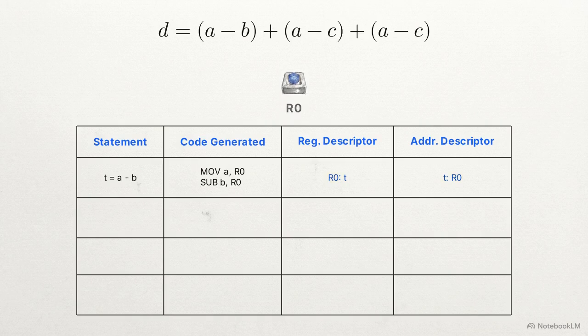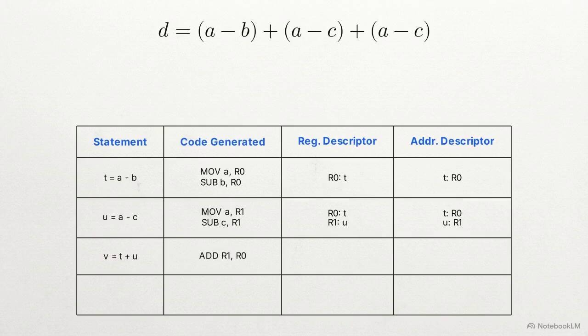The second operation is U equals A minus C. Variable A is loaded into register 1, C is subtracted, and the descriptors update to show that U resides in register 1. For the operation V equals T plus U, the compiler simply adds register 1 to register 0. Both values are already in registers, so the instruction cost is minimal.